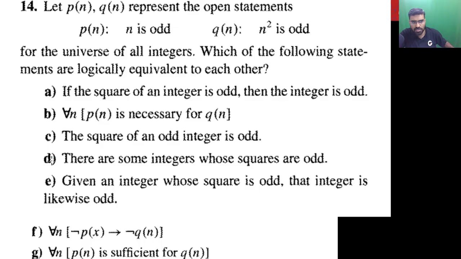Now see option D, statement D. Statement D is saying there are some integers whose squares are odd. So this is an existentially quantified statement.